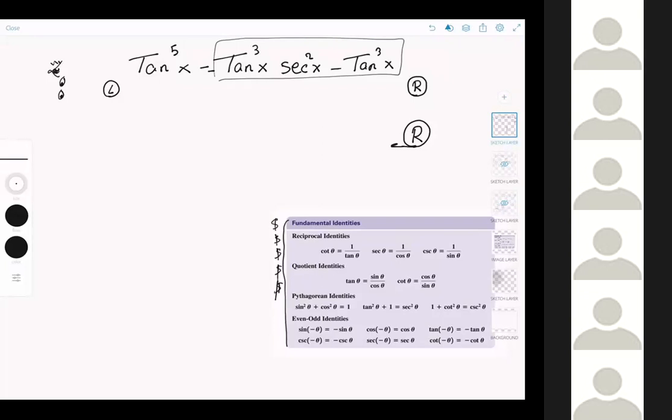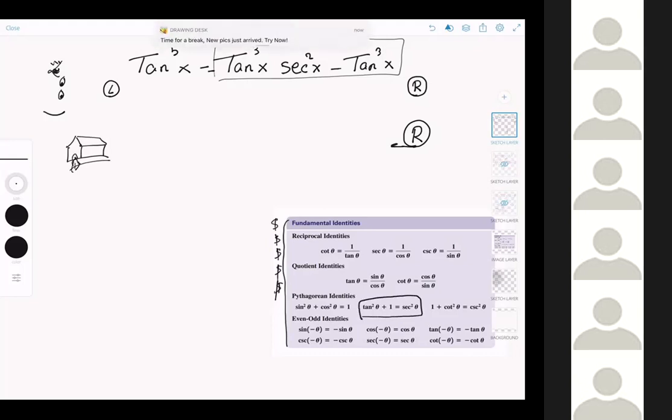So what should we do? Any suggestion? They said tangent squared theta plus 1 equals secant squared. Is it this one? Yeah. Very good. This is a good formula to pick.